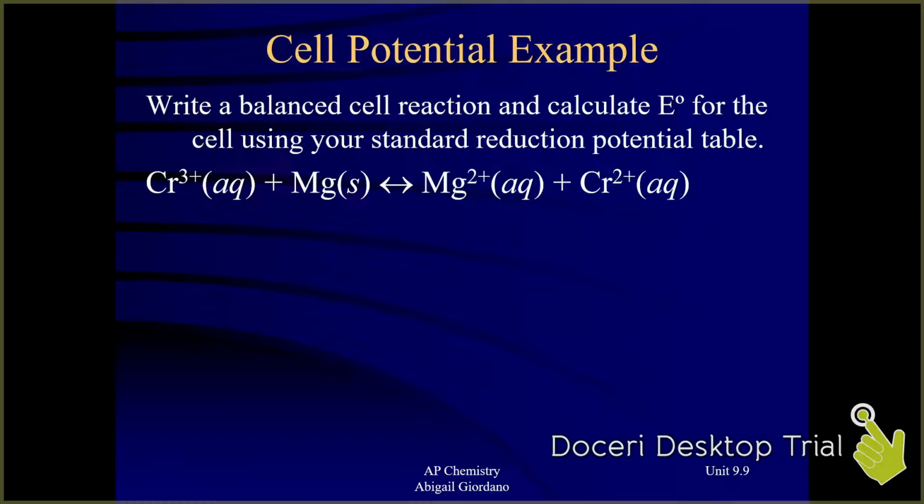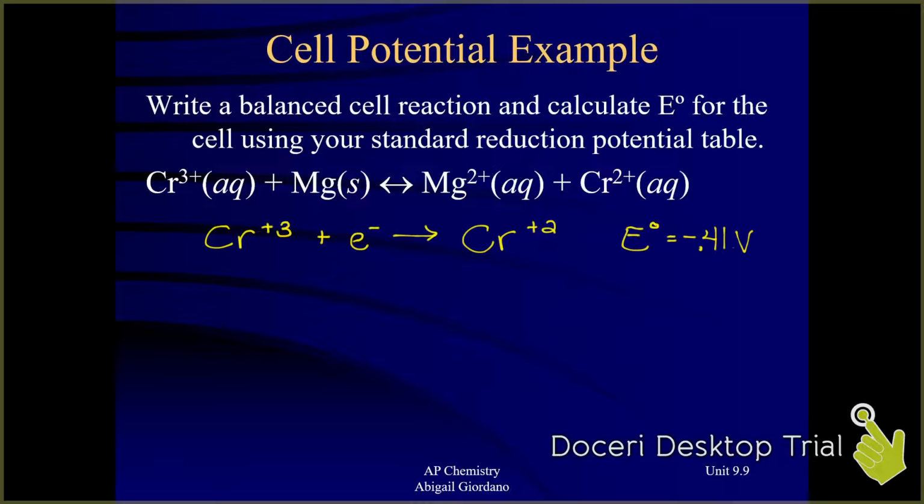They may not be written in that order, and that's okay. I'm just literally going to copy this down straight out of my reduction potential table. I'm not changing anything. And out to the side, this half reaction has a potential of negative 0.41 volts.